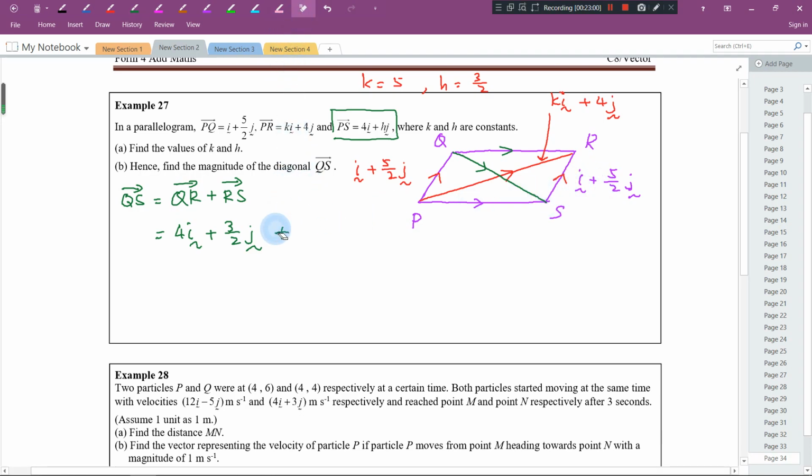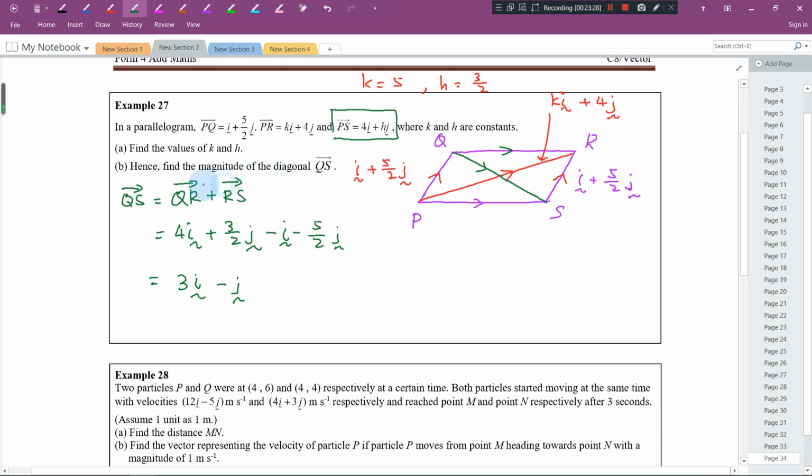It becomes negative i, negative 5 over 2 j. 4i minus i, you get 3i. And then 3 over 2 minus 5 over 2, you will get negative j. Now we have the vector of QS.